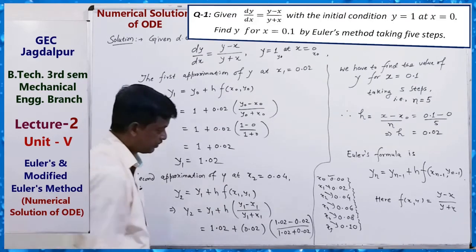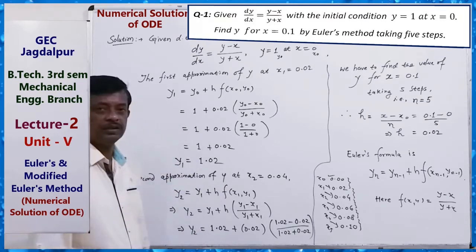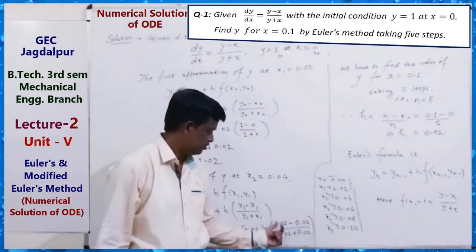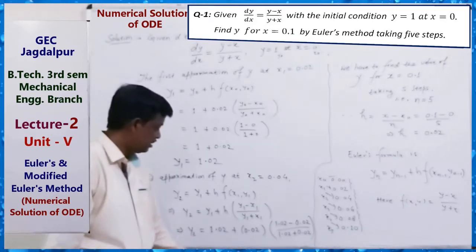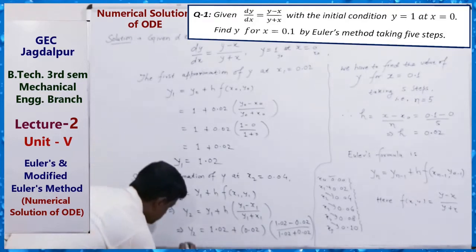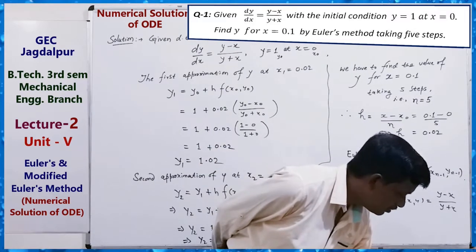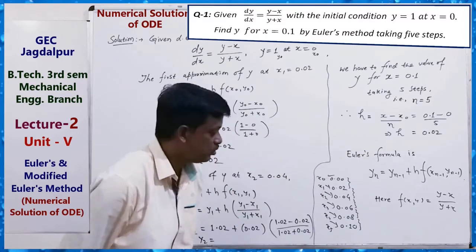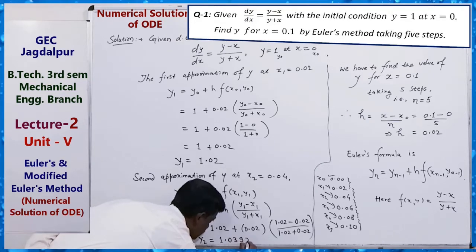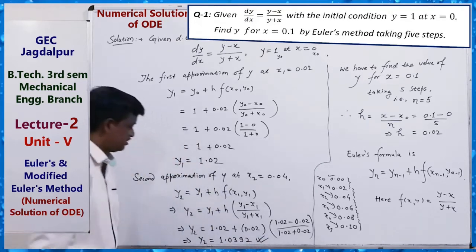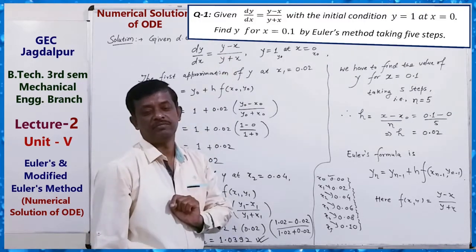Now solve it using a calculator: this minus this is 1 upon 1.04, then divide, multiply and add. Here we get the approximation y2 equals 1.0392. So this is the second approximation y2 of the value of y for this problem.